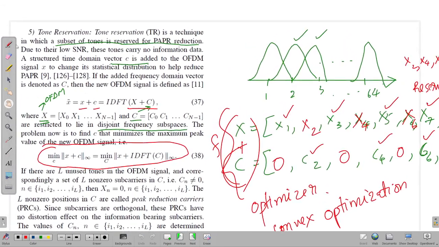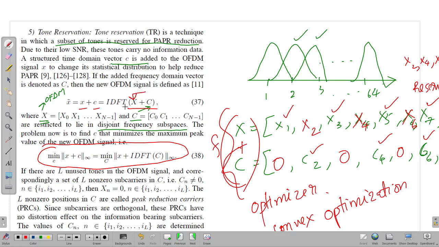Our intention is to reduce PAPR, peak to average power ratio, and the method that we use here is along with the OFDM symbol in frequency domain. So this is the OFDM symbol in frequency domain.